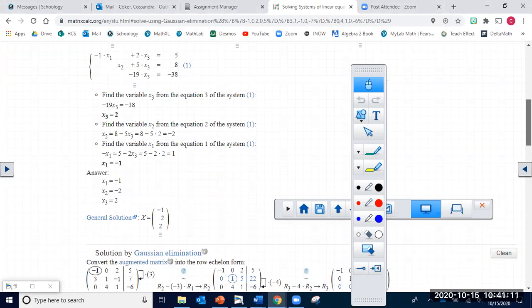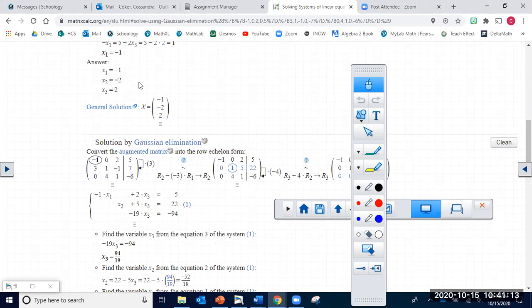Okay, so you'll notice they give their answer here, and it's -1, -2, and 2, just like we got. Did y'all see that? Is everybody okay with that? Okay, so you probably like the calculator or online method a lot better than by hand.